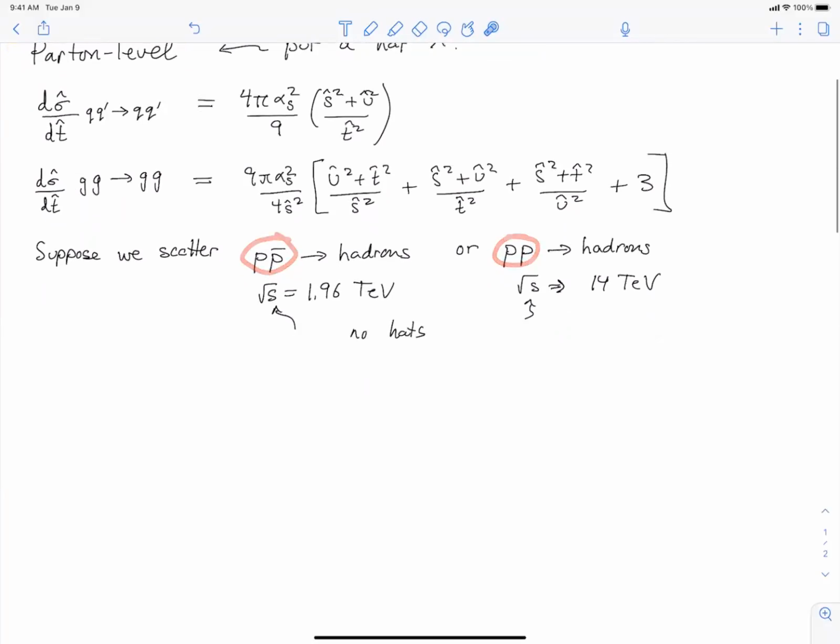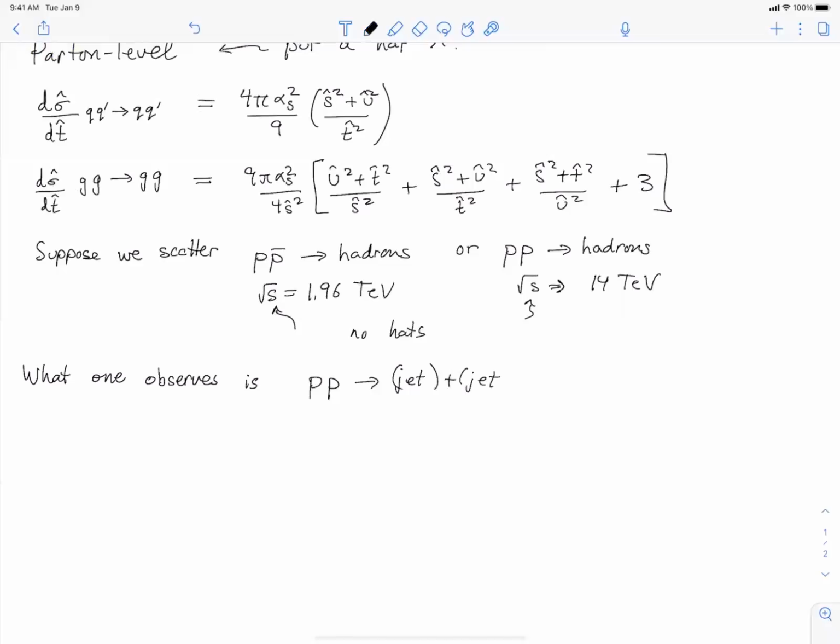So what one observes is not the parton level thing. What one observes is, for example, proton-proton goes to a jet of hadrons plus another jet of hadrons plus anything. I'll use X for anything.